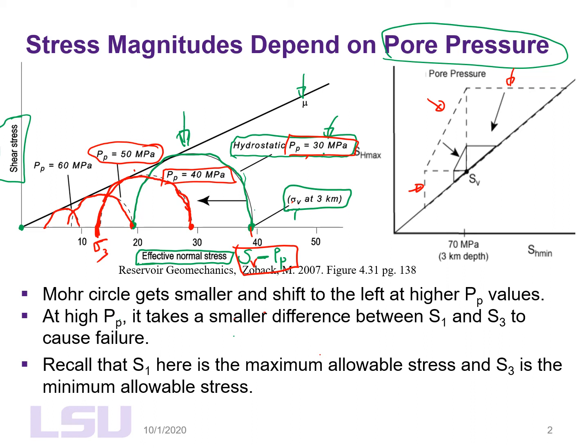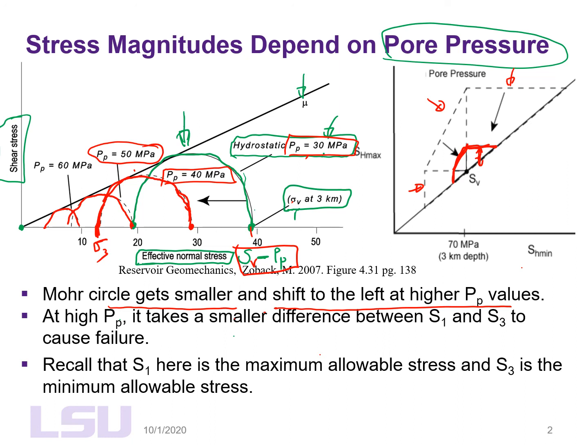And that will mean you're getting a more narrow range for the stress polygon. So you're able to bracket it within a smaller range of uncertainty. So the circle gets smaller and shifts to the left at higher pore pressure values.